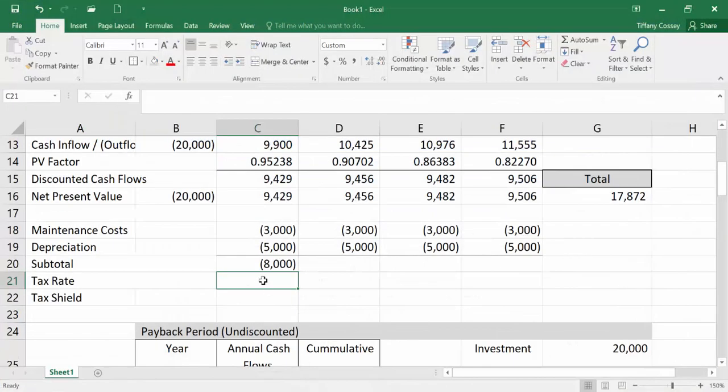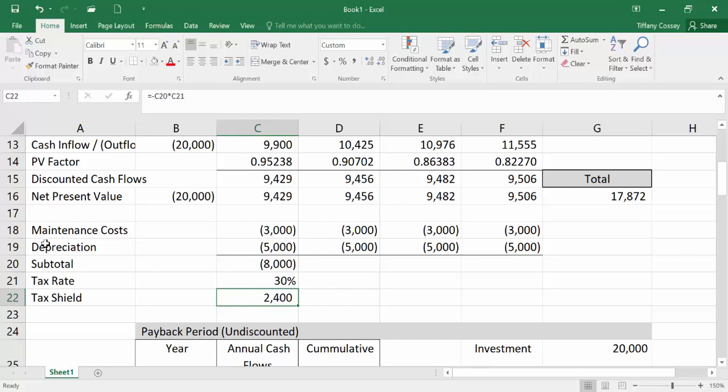What is the annual tax shield? And the expenses don't vary, so the annual tax shield is going to remain the same. So we have $8,000. The tax rate is 30%. And so the tax shield is going to be, I'm going to make this positive, so I'm going to flip the sign on that, times my tax rate of 30%. My tax shield is $2,400. And that's going to be the same every year. So every year the company saves $2,400 in tax due to the expenses that it deducts.